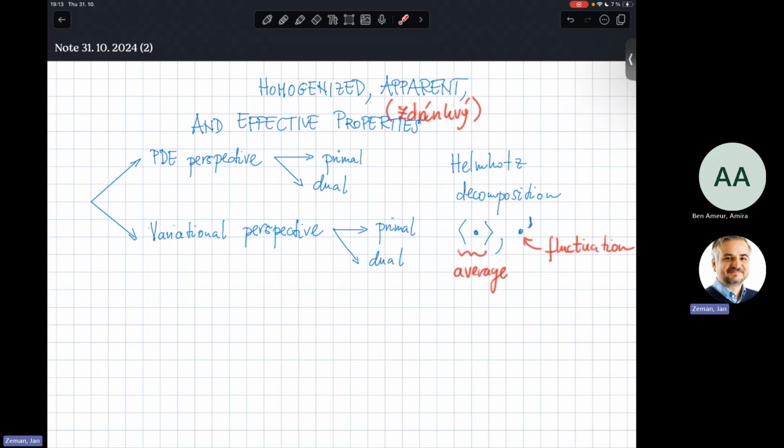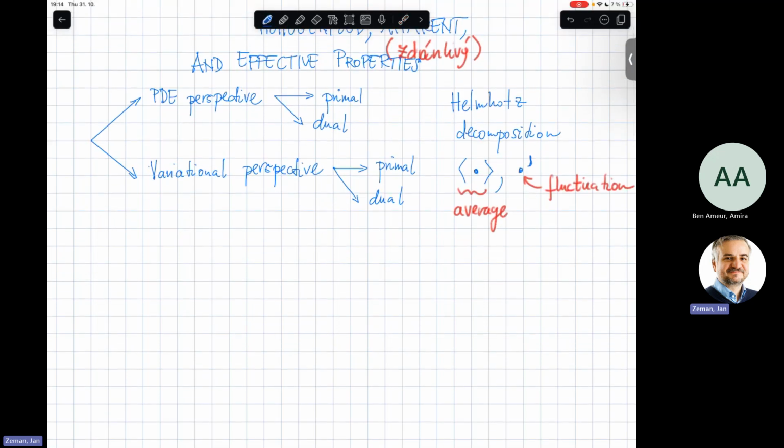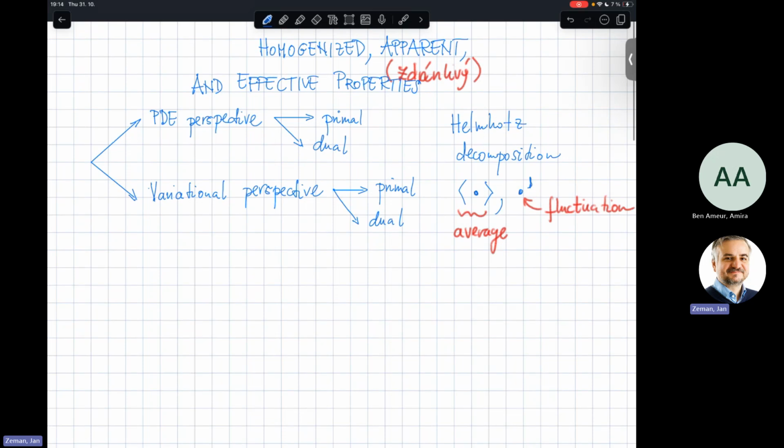And I will just proceed in these two lines. So now I will actually tell the same story 4 times. So I will first start with this primal PDE perspective, which I will call just these primal governing equations.